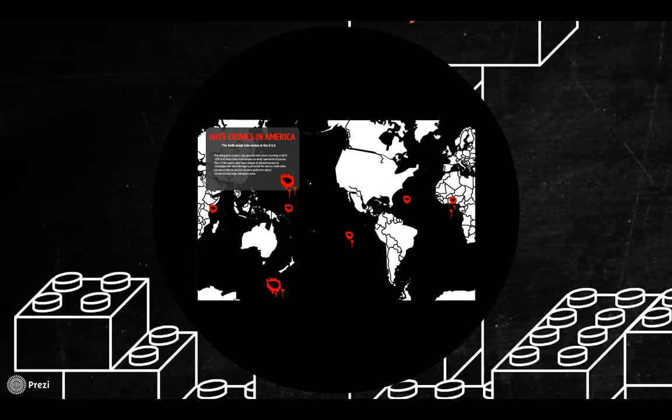As you can see, there's bullet holes throughout the infographic. Now having red in my color model helped because I was able to use that to associate it with blood, which was associated with crime and death due to hate.